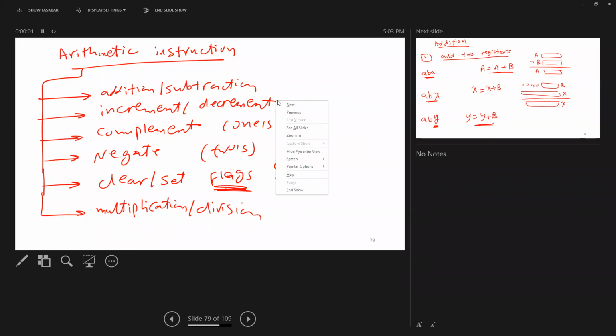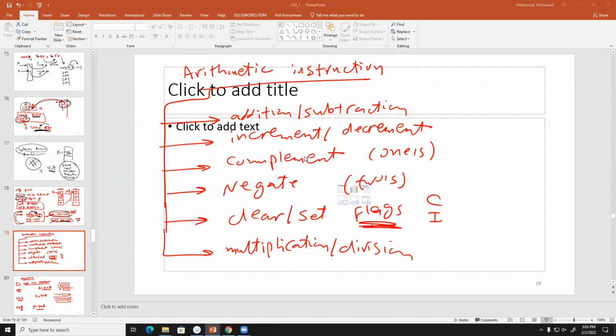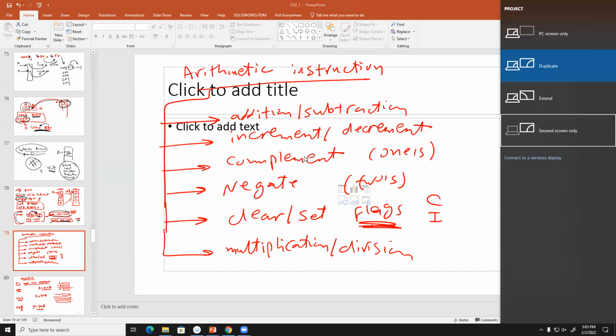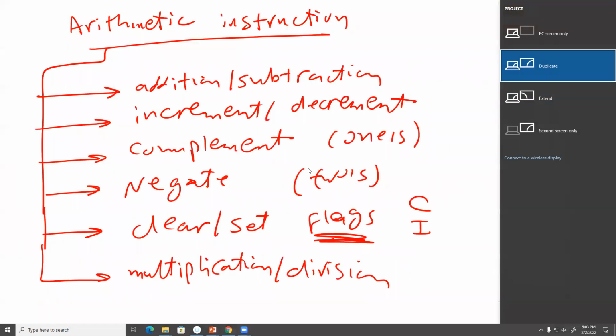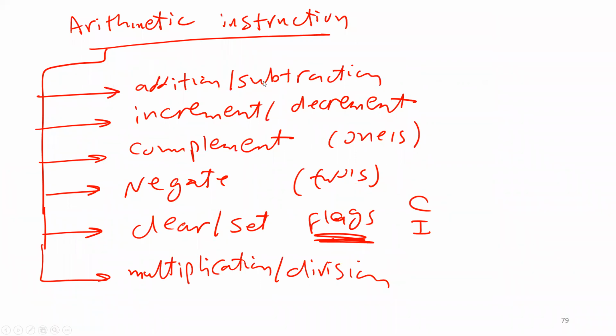The next section is about arithmetic instructions. We have number one, addition and subtraction. We have an instruction to do increment and decrement. We have an instruction to do complement, and complement here we mean the ones complement.